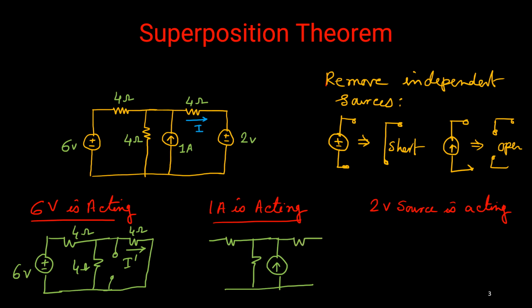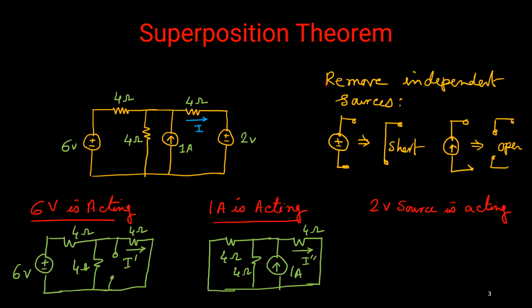The 6 volt source and 2 volt source are shorted. So this is your 4 ohm, this is 1 ampere, this is 4 ohm. Then again we need to calculate this current. Suppose this time this current is I double prime.